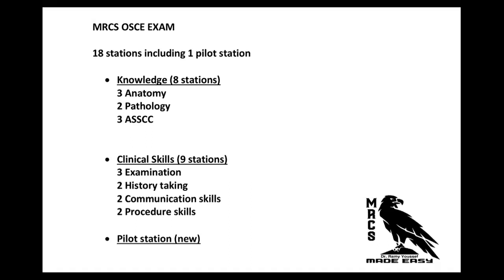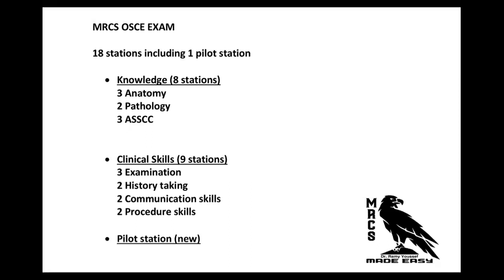Okay, this is examination. The second one is history taking. I'll talk about the second type and third type of stations together. History taking is if you want to check your ability in information gathering. Here the Royal College wants its candidates to be efficient in gathering important information from the patient within 5 to 6 minutes.